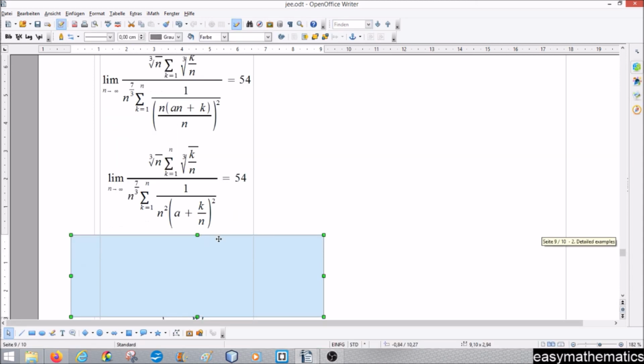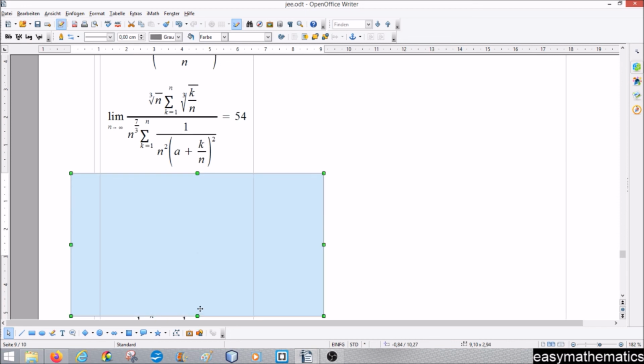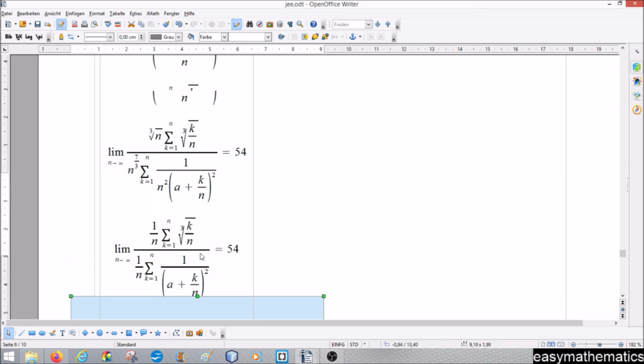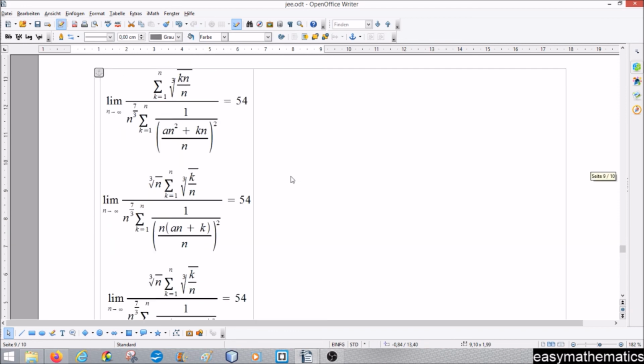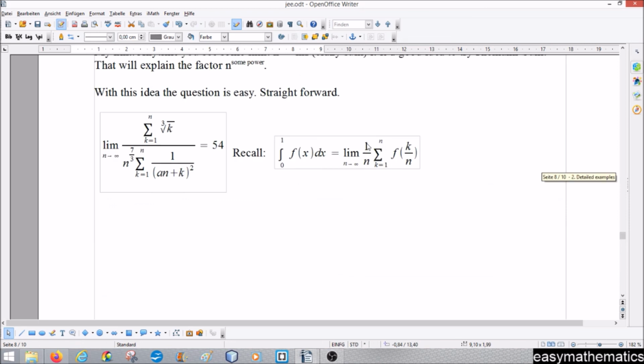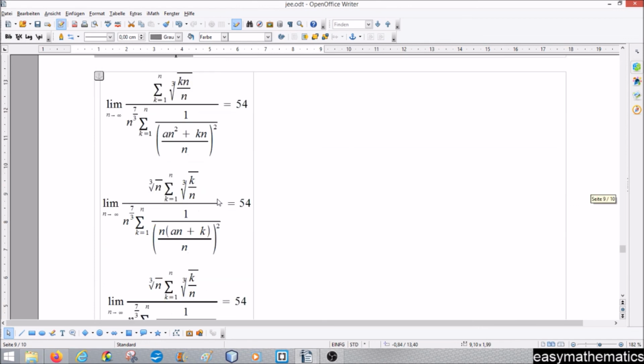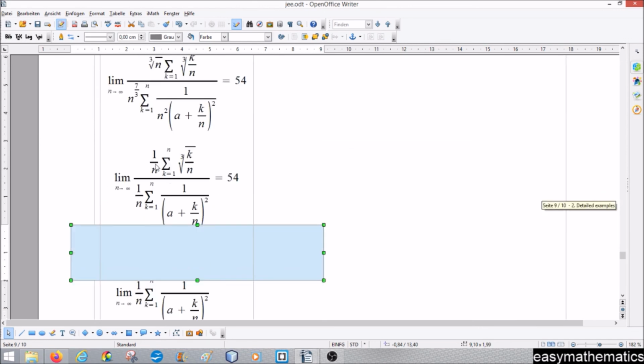Okay, and the next step is, you can make sure by yourself that all these n's, cube root n, n squared, and n to the power 7/3, cancel out, so we are left with the summation. And for our Riemann sum, we extend our ratio by 1 over n.